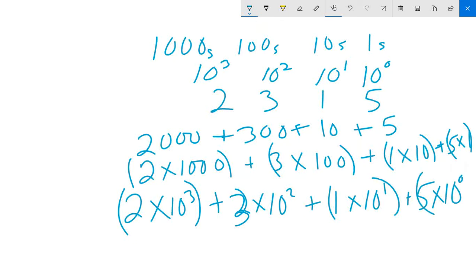We remember that anything to the 0 power is equal to 1. So those are the three expanded forms we used, and that's the base 10 place value system.